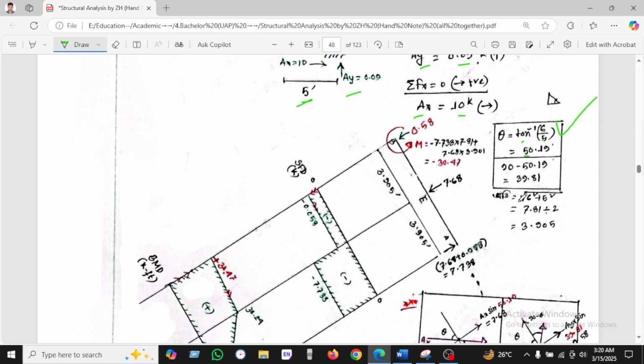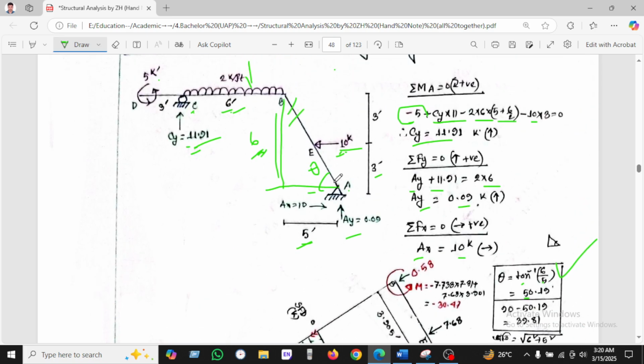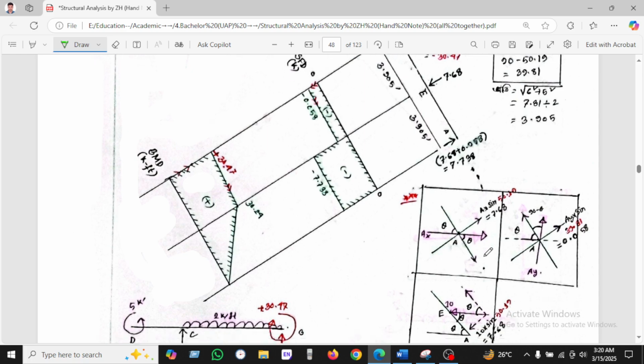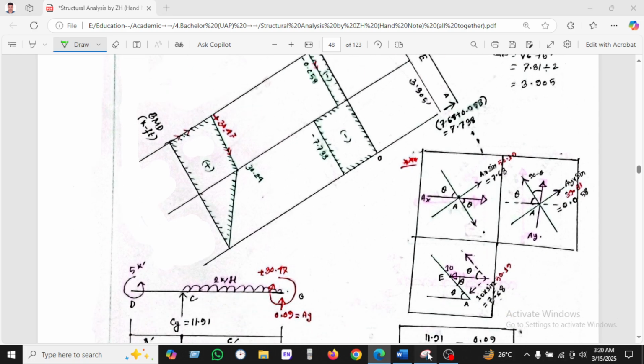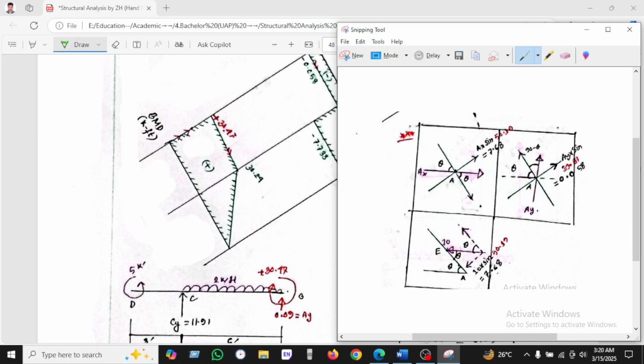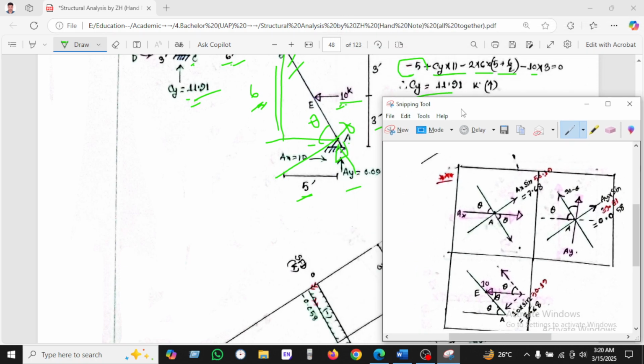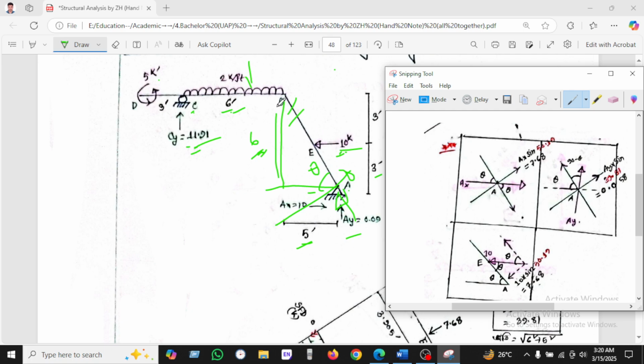So let's see how we will calculate how Ay acts. This is the perpendicular, and as it is inclined, I'm just taking the inclined direction. If I take some moment, okay, so let's see here.